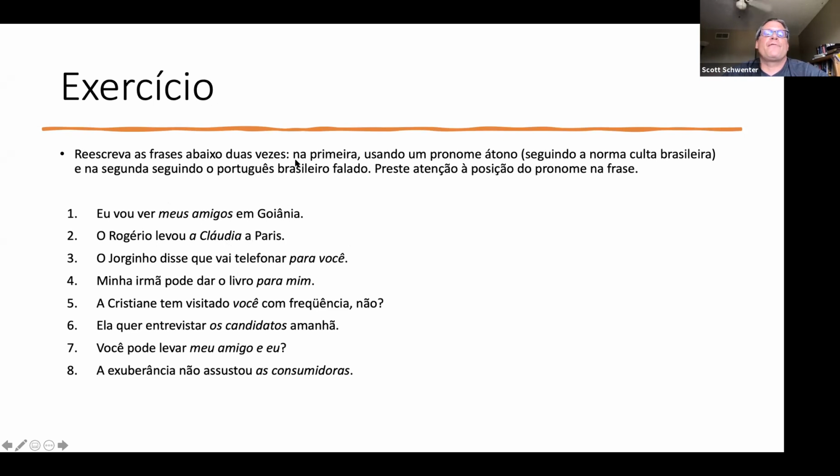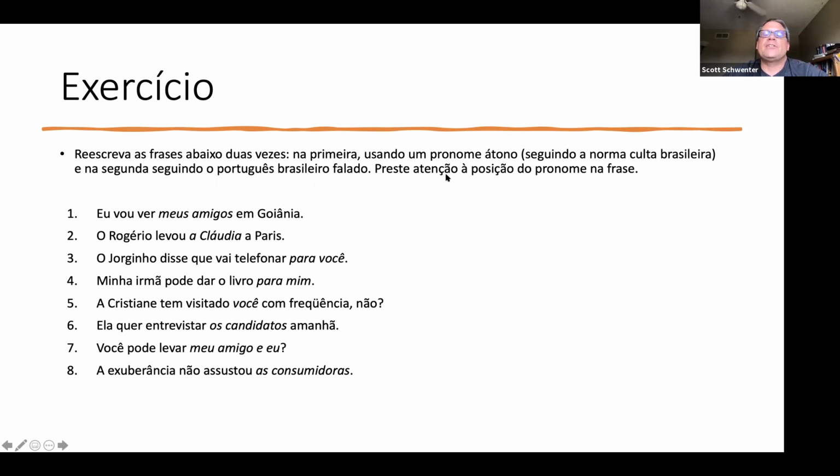So in the first case, I'm asking them to use the atonic or clitic pronoun following the norma culta, right? So following the prescriptive rules. And in the second, I have them replace that phrase the way it would be in spoken Brazilian Portuguese. So in each of these cases, it would be different, right?